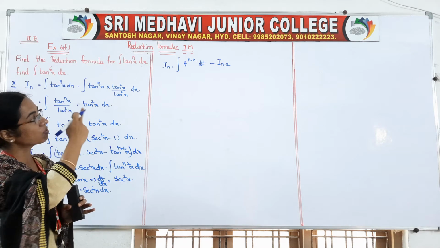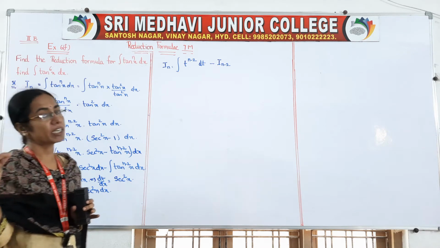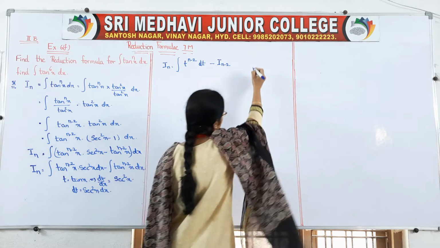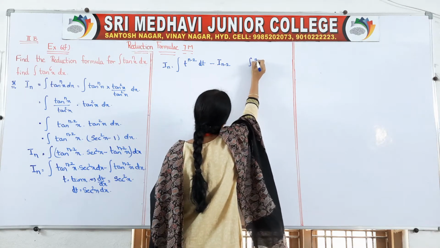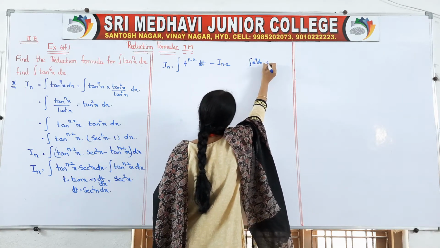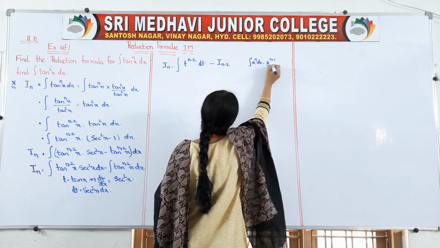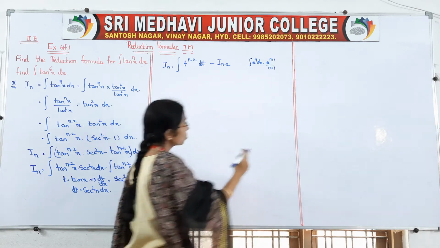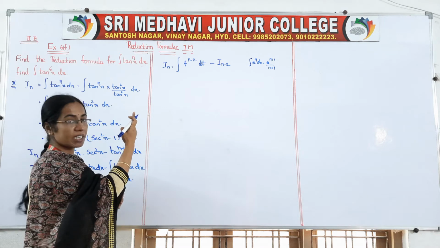So instead of x we are having t here. So integral x to the power of n dx, what is the formula? It is x to the power of n plus 1 by n plus 1. So instead of x we are having t, right?